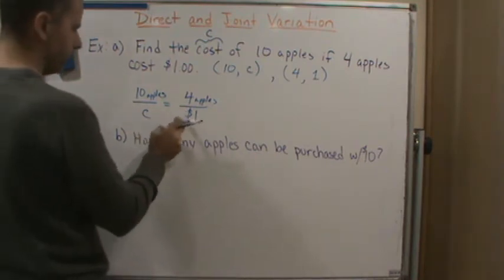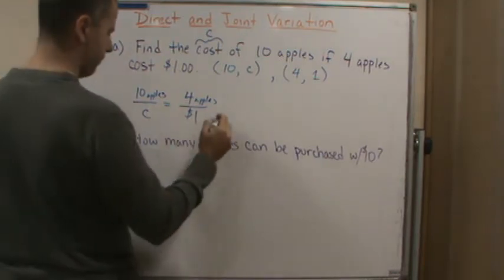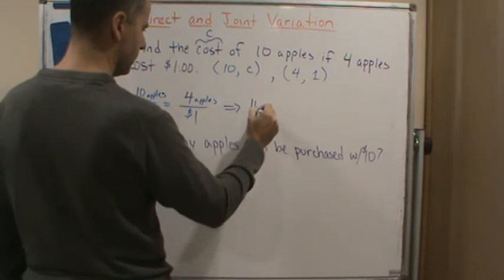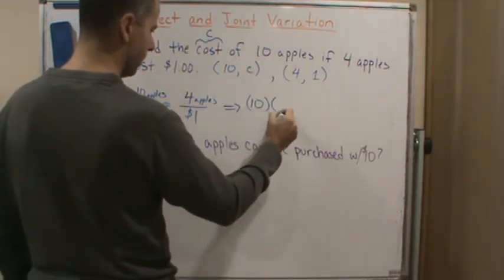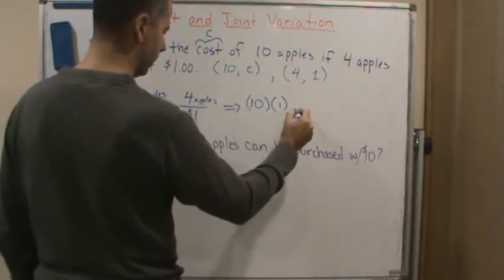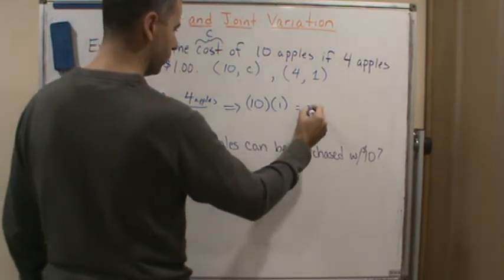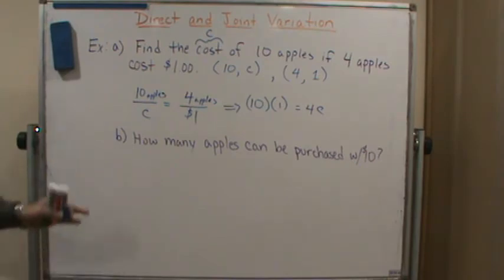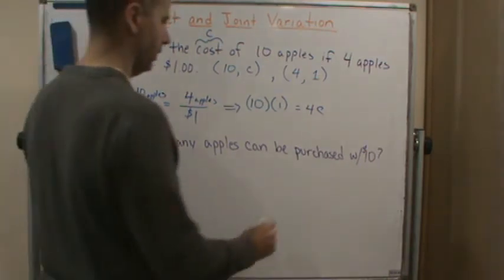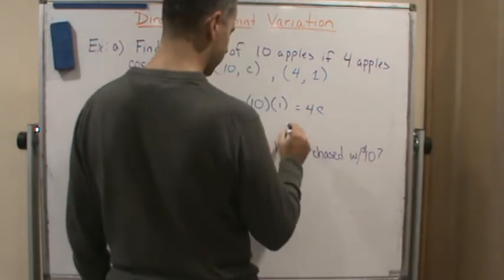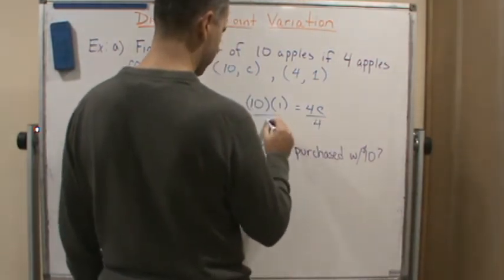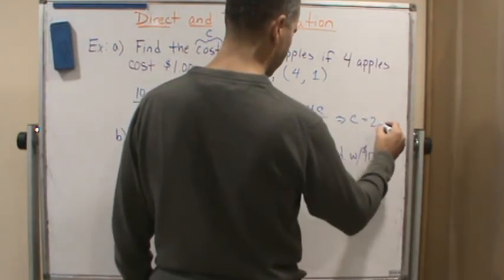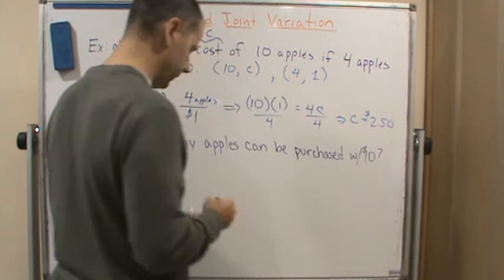I'm going to cross multiply, and I get 10 times 1 equals 4C. Again, I get the exact same thing, and I end up with the same answer: C equals $2.50.